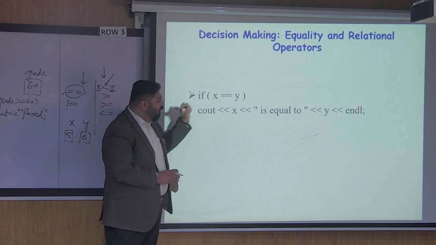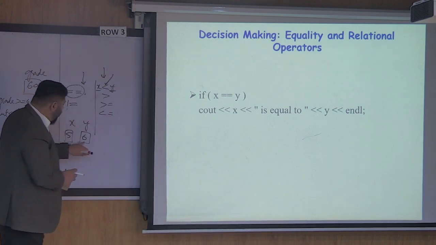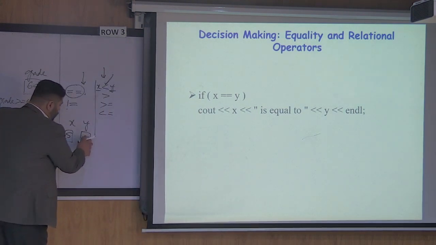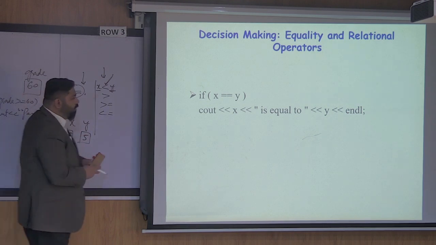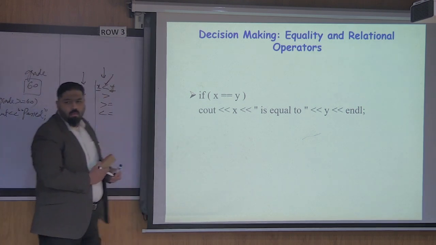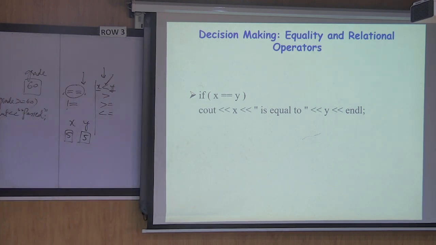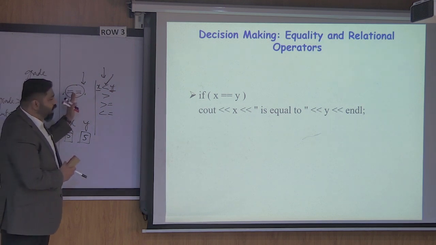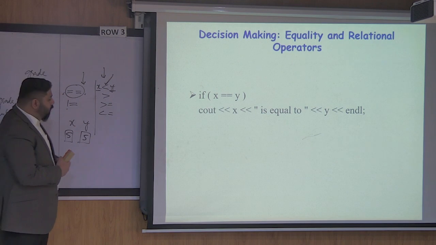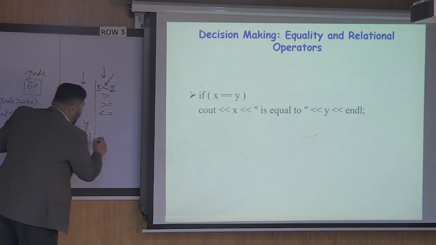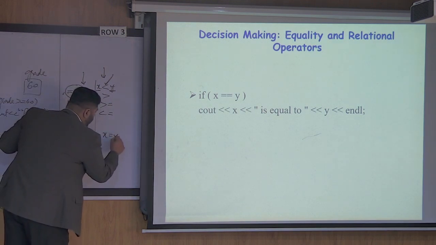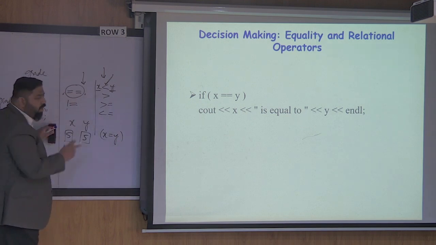Let's suppose both the values are the same, 5 and 5. The condition is true. What will be displayed? 5 is equal to 5. So likewise, it's an example of an equality operator. We are making comparisons. However, while making a comparison, we cannot write x equal to y. We have to write double equal to.